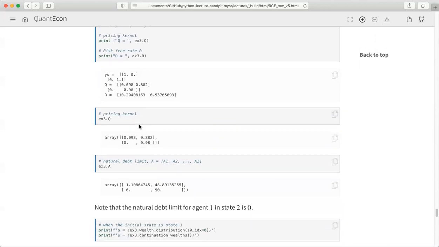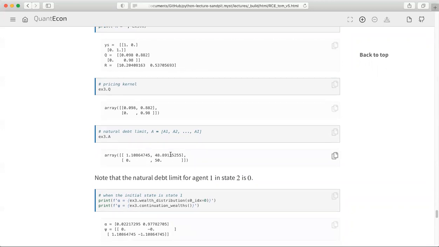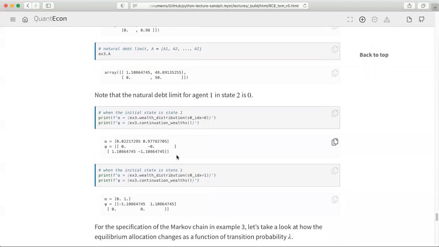So think about that. What's going to happen is if we calculate the continuation wealths, they're actually quite interesting, and I ask you to look at that.